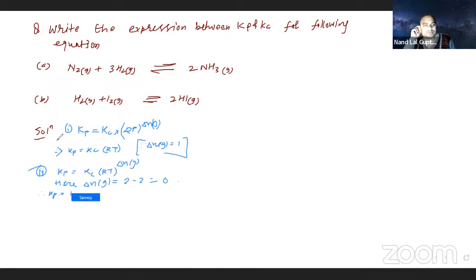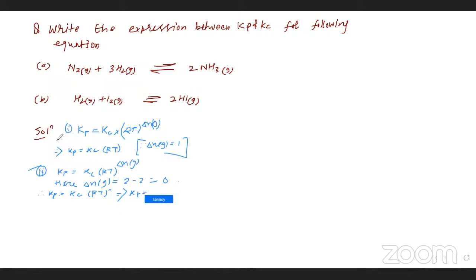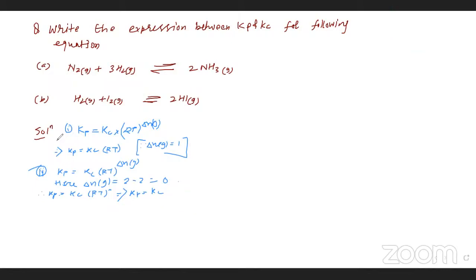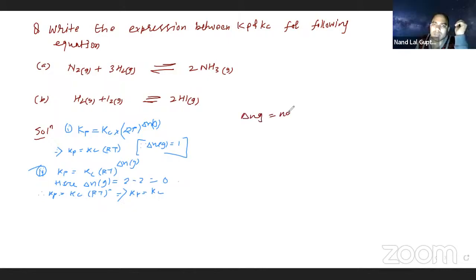But the answer is wrong. You are doing wrong. Sir, what would delta Ng for the second equation be? But the first one itself is wrong. First one, what is their delta Ng? How are you calculating? Ngp minus Ngr.